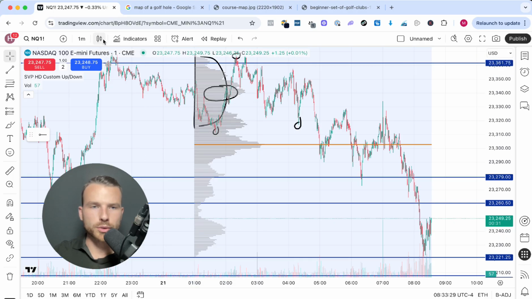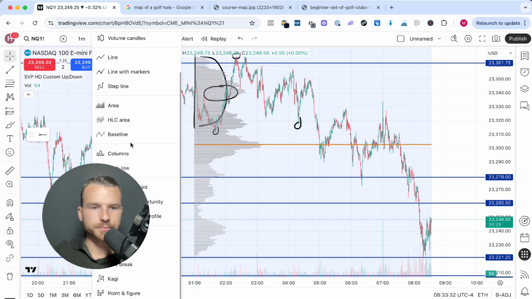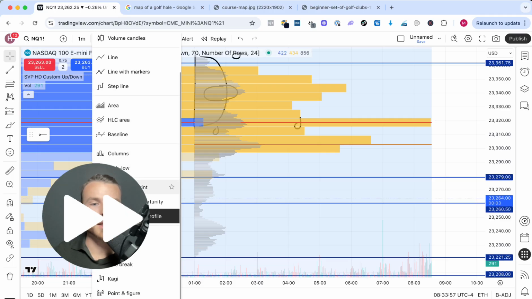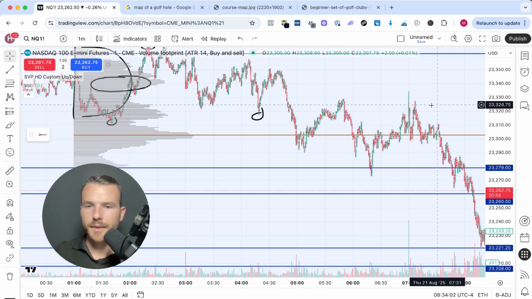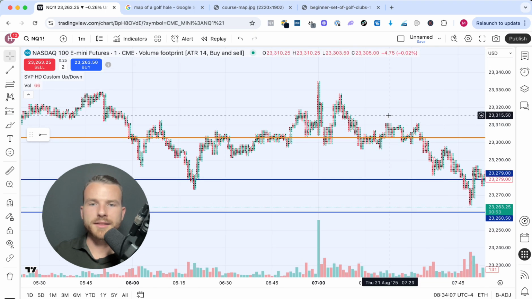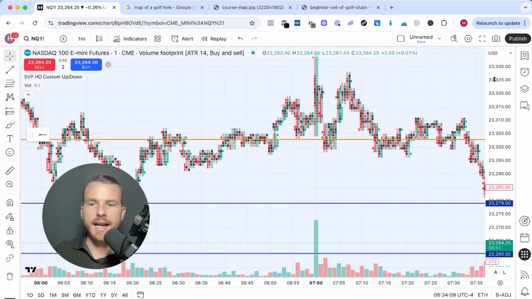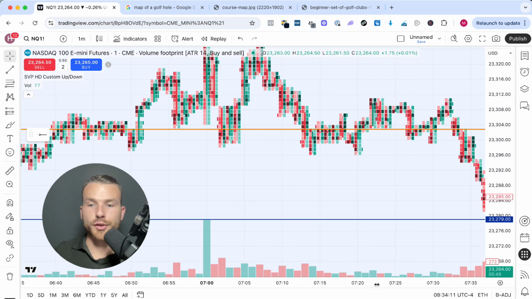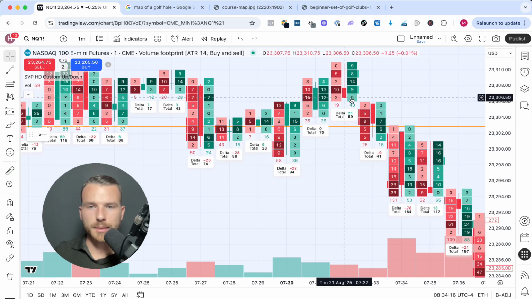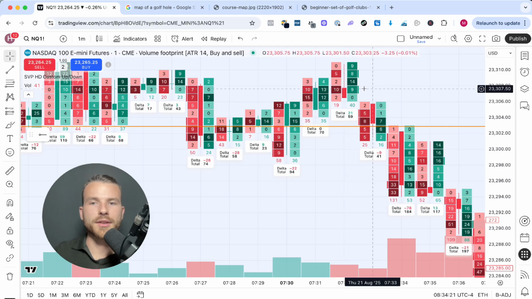So if we switch over to, for example, a footprint chart, this footprint chart basically tells us that at any given price, and you have to zoom in quite a bit, we had in total 19 contracts being traded at this specific level in that minute.